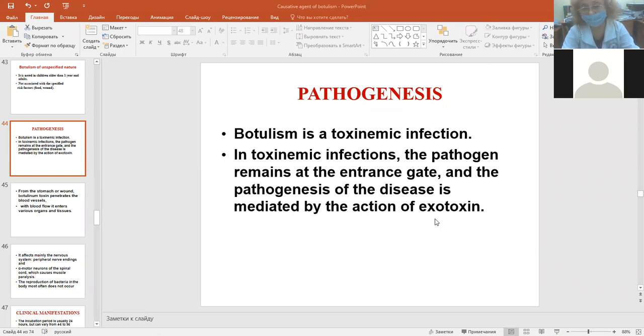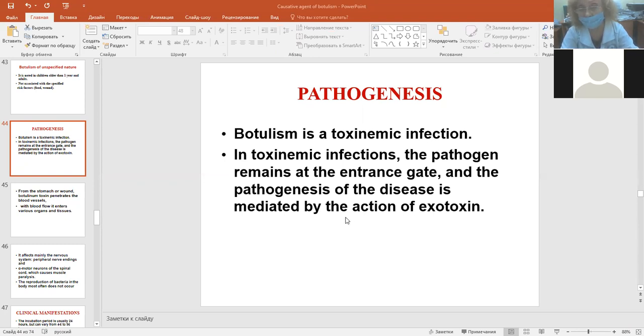Exotoxins are circulated in blood, and circulation of exotoxins in blood is named toxinemia. So toxinemia means circulation of exotoxins in blood.